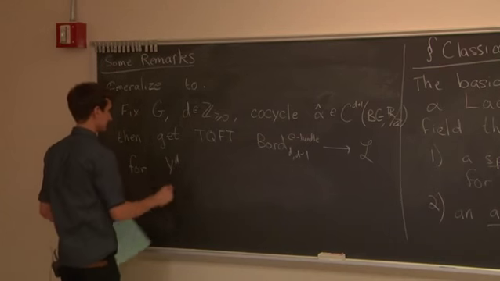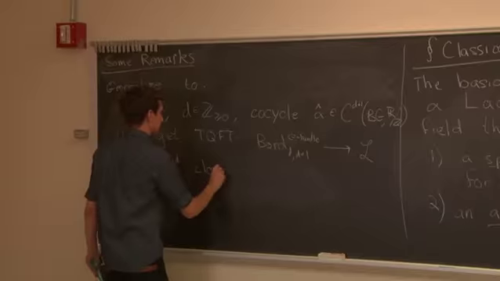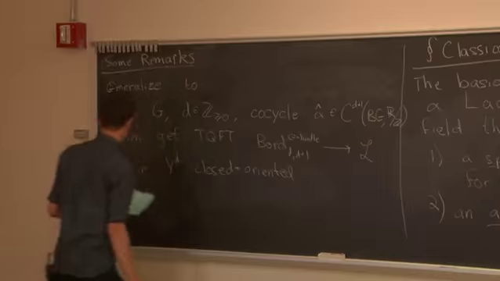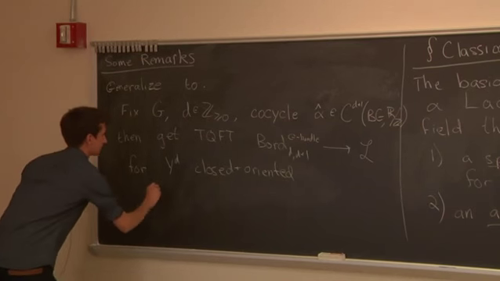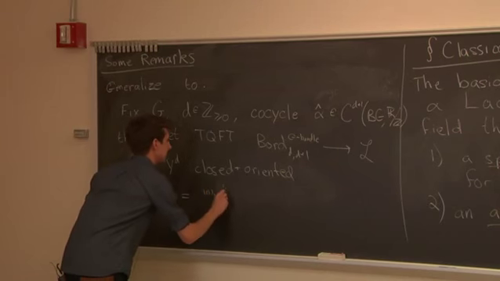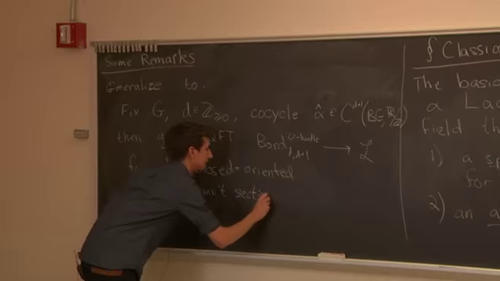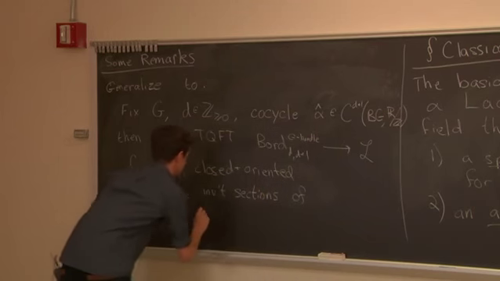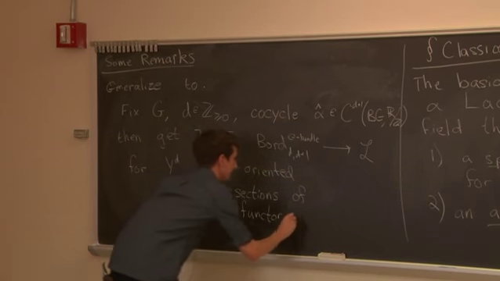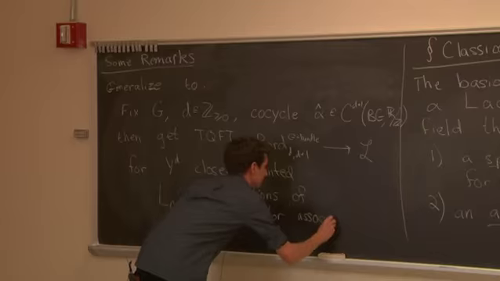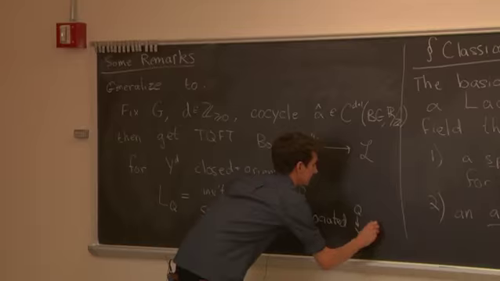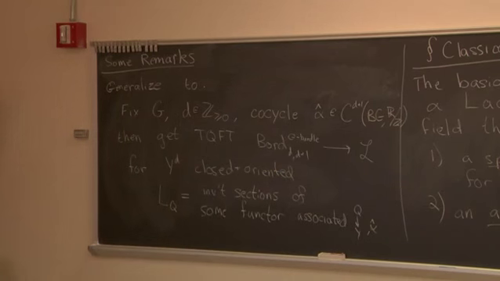Let's see, so I'm not going to spell this out exactly, but for closed and oriented manifolds Y, our L_Q now is going to be invariant sections of some functor associated to any G bundle over Y. And it also depends on the choice of this cocycle, alpha hat.